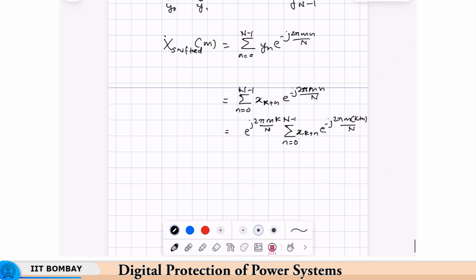This k here which we have added, we have just added plus k and minus k, is what we have done.